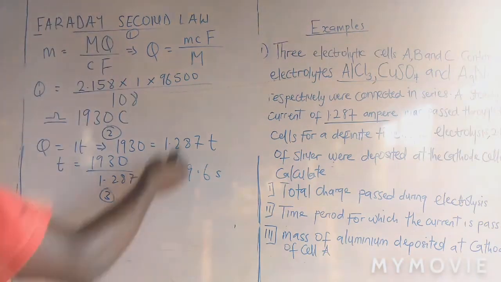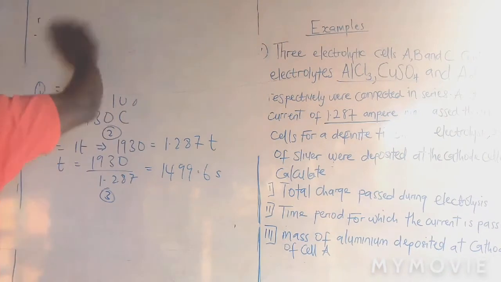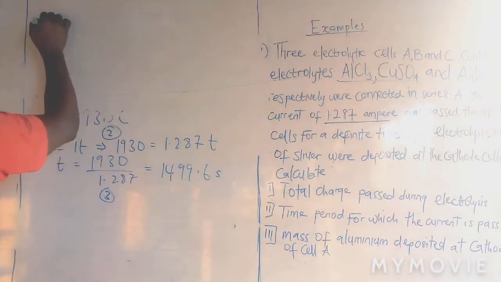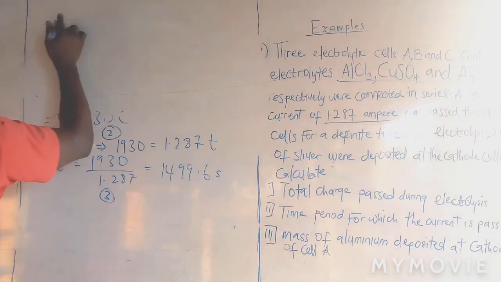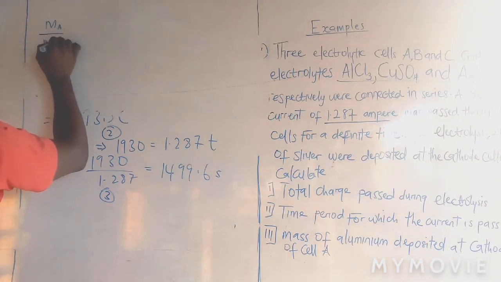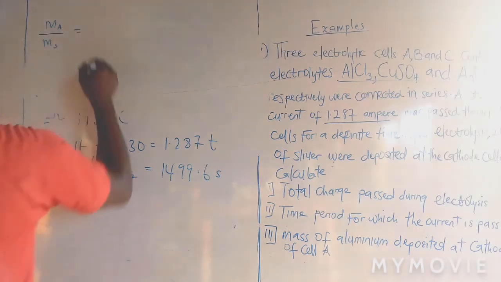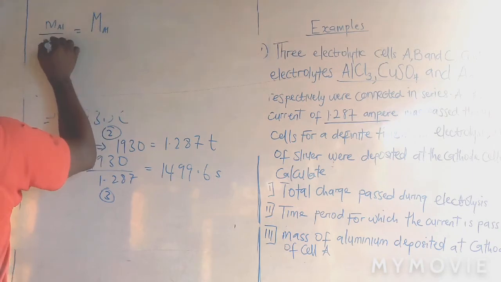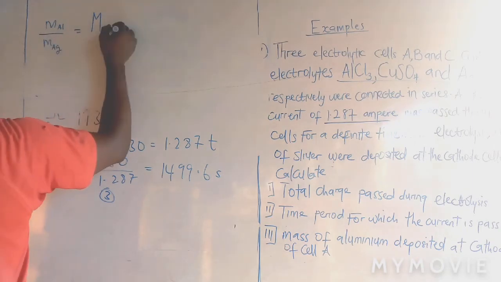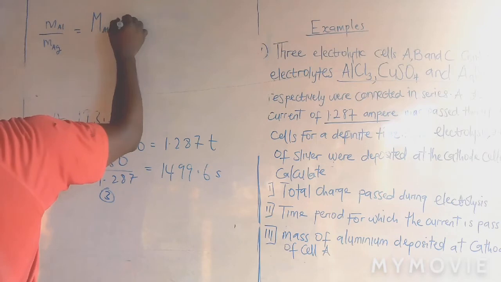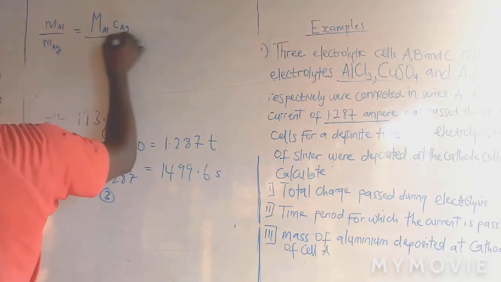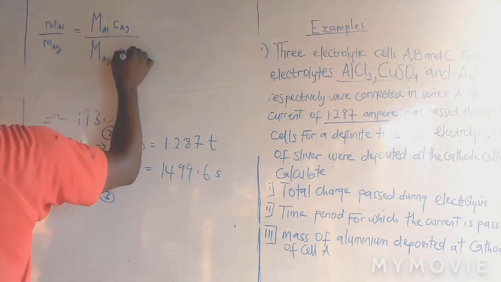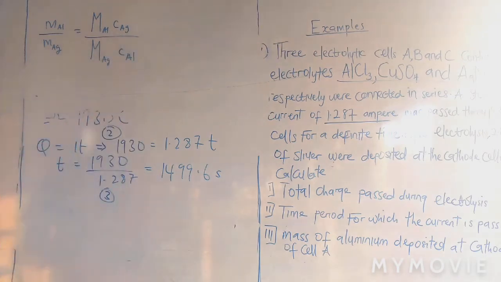Then 3. Mass of aluminium deposited. In that case, we have mass of aluminium over mass of silver, which is equal to molar mass of aluminium, then charge of silver over molar mass of silver multiplied by charge of aluminium.